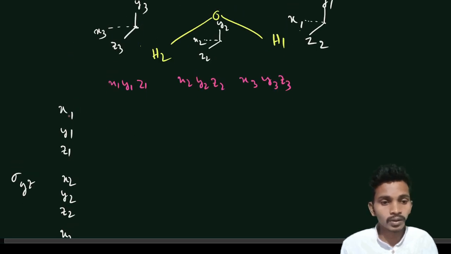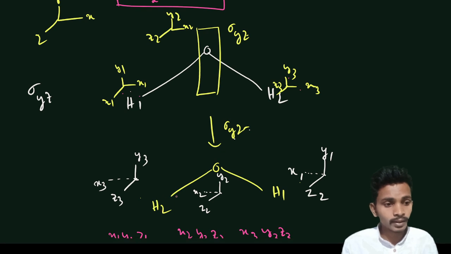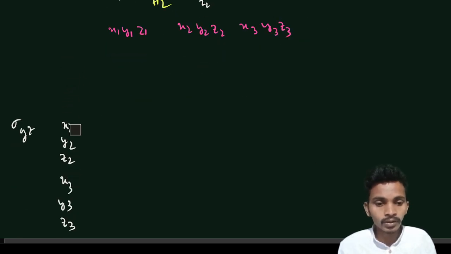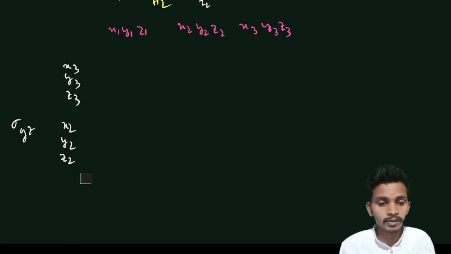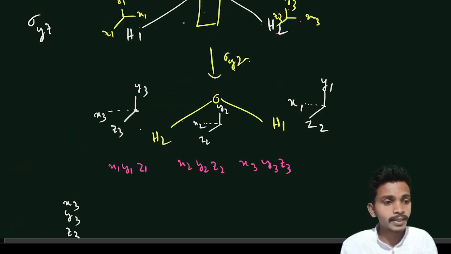So this was actually the original, but previously this was this way, but whenever I pass the plane, this comes to here and this goes to here, H2 comes to here, H1 comes to here, and with that the axes also interchange. So this goes to here, so here comes x3 y3 z3, and x1 y1 z1 come to here, because this H1 and H2 after applying the plane get interchanged, so with the atoms the axes also interchange.